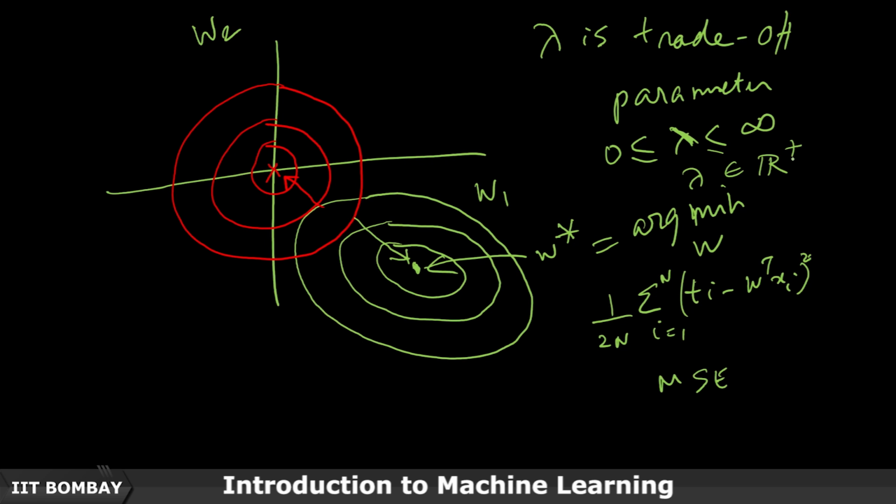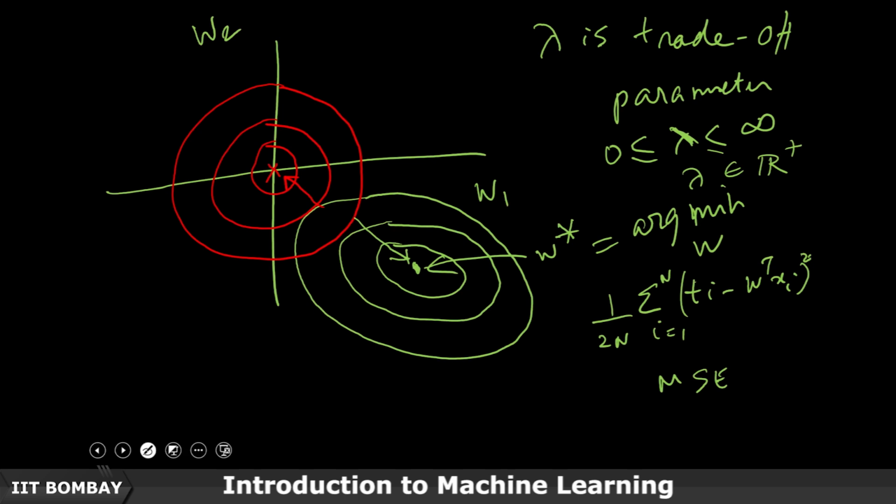So where will it be? It can be easily argued that wherever it is, it will be at a point where the two contours are tangential to each other. They have to be tangential, otherwise you can go along one of the contours and reduce the value of the other term in the loss function.